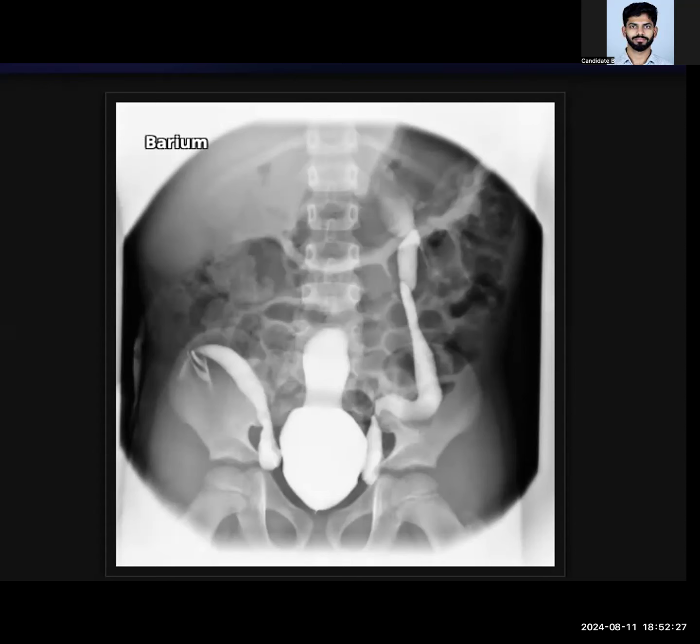So this is possibly renal excretion, but I don't think so, because the bladder and everything is well opacified with the contrast. So the other possibility would be bowel perforation. I can see mottled lucency in the right upper quadrant.